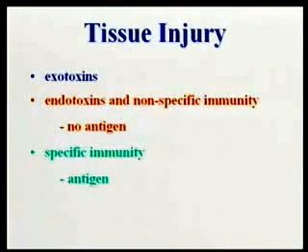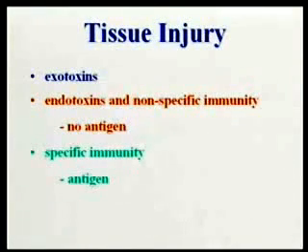Okay, so that's the situation. All right, so tissue injury, and that's what we're going to focus on now, tissue injury. There are basically three ways that you can be injured in a general sense by bacteria. First of all, the term exotoxin. Now, the words exotoxin and endotoxin are very specific terms. An exotoxin is a protein that is often an enzyme.